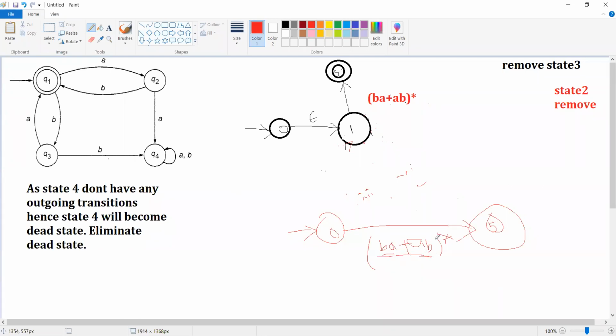Now let's check: B, A, B. From this we can say that our regular expression for this given transition diagram will be (BA plus AB) whole star. Okay, so this is how we make use of the state elimination method in order to convert the given transition diagram into the regular expression.